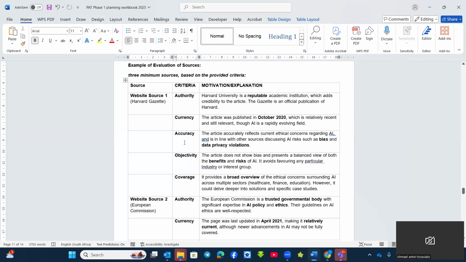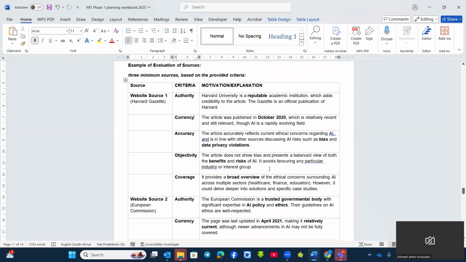Then when you talk about the accuracy, the article accurately reflects the current ethical concerns of AI. Or you can say this article gives factual information about the current ethical issues of AI. Right, objectivity. The article does not show any bias or unfairness and presents well-balanced information about both the benefits and the risks of AI.